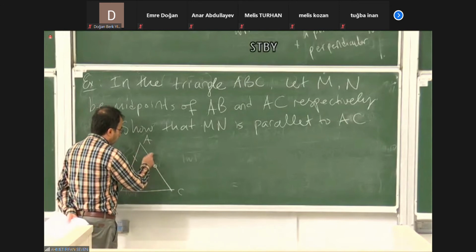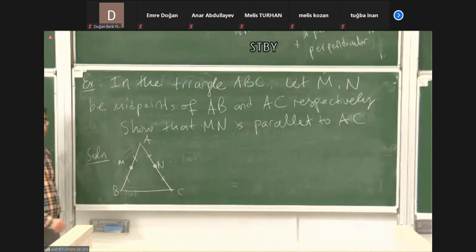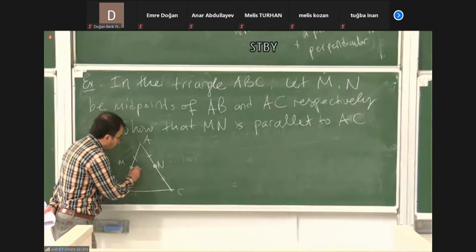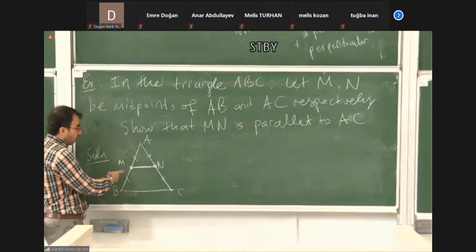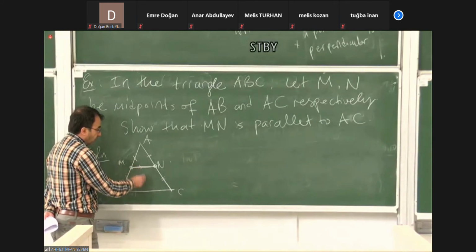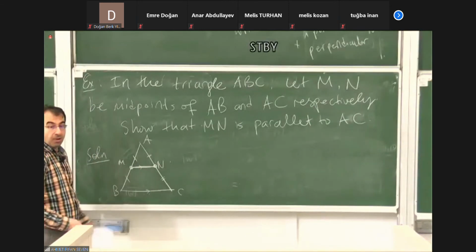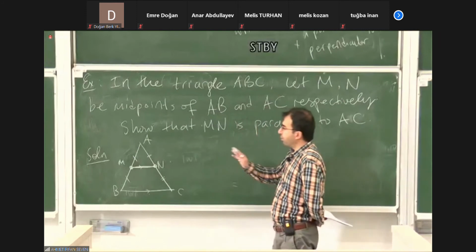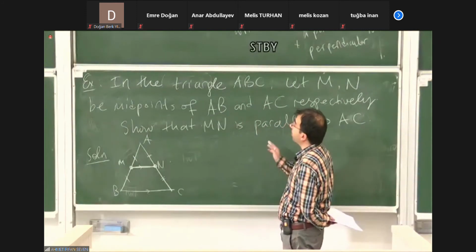And I also have this midpoint, N. Now we know by our knowledge of elementary geometry that this side MN will be parallel to BC. So let's now prove this using vectors and see how vectors could be useful.